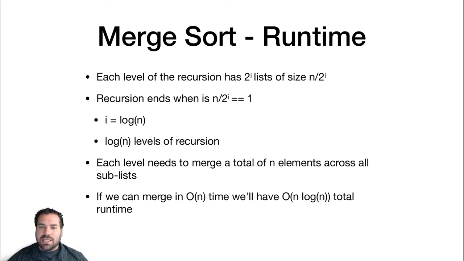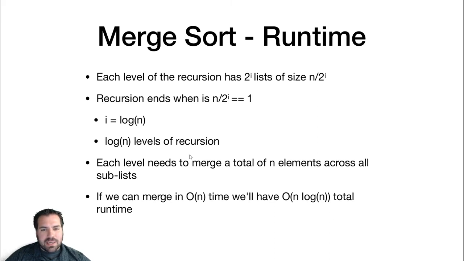That means we've reached the last layer of our recursion. And if we solve for i, that's at layer log of n. So we have log of n layers to this recursion. Log of n frames are going to end up going on the stack in this recursion at one time. That's the depth of the recursion, because we don't put all of the frames on the stack at the same time.